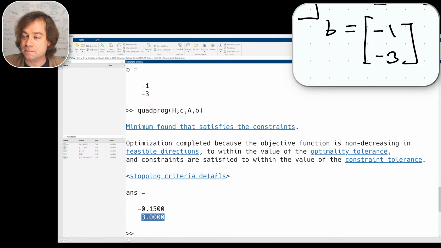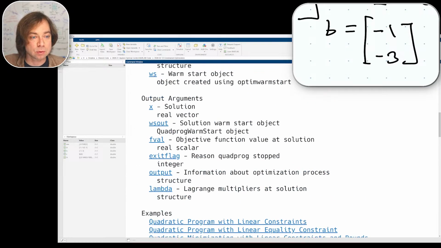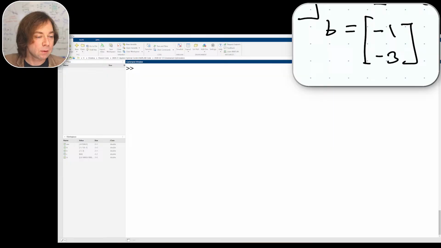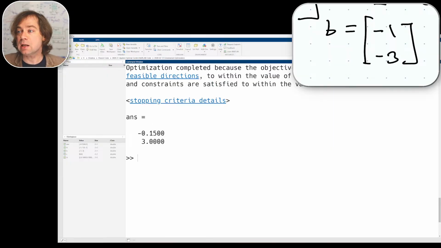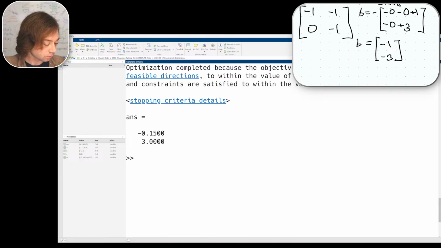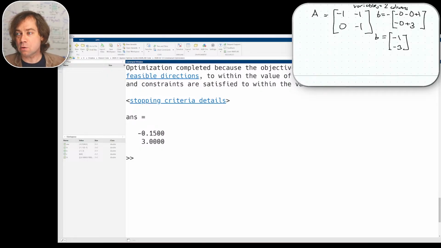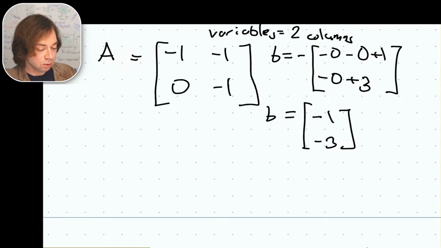That's it. Okay. So, like I said, we can write this optimization program in a couple of different ways where MATLAB will know how to solve it. We don't have any equality constraints, but we could add some. Let's go back to here. Imagine we said, let's add equality constraints.